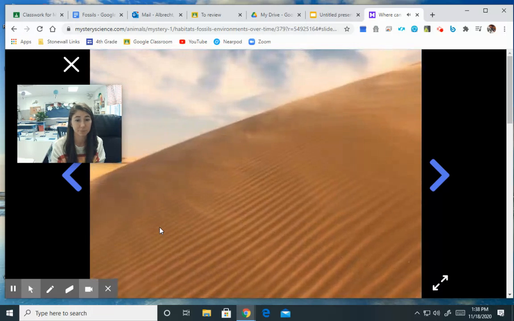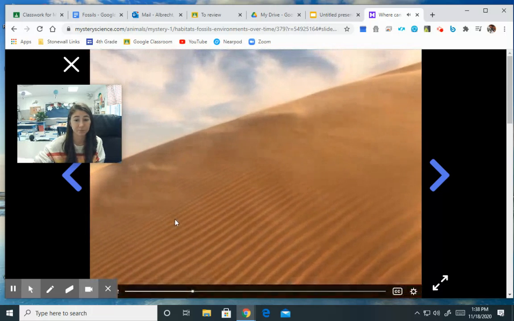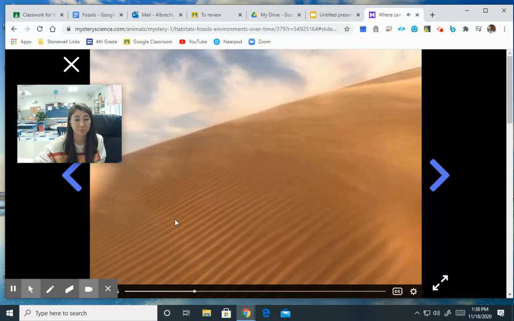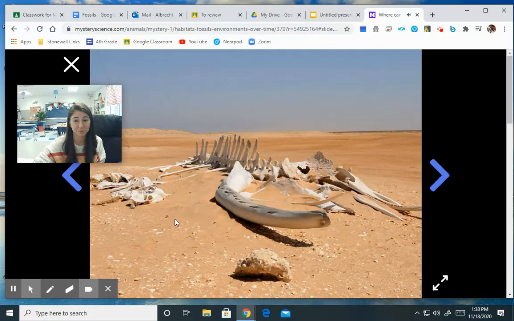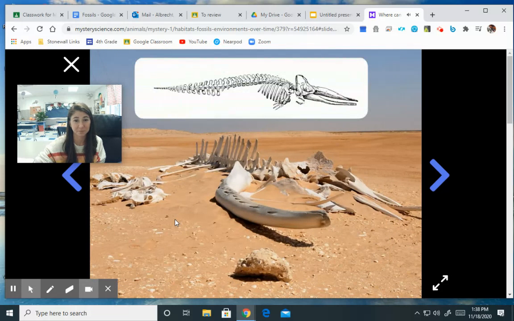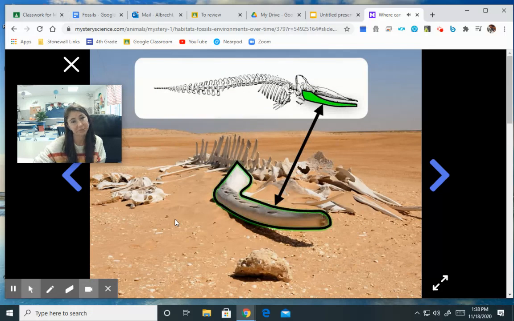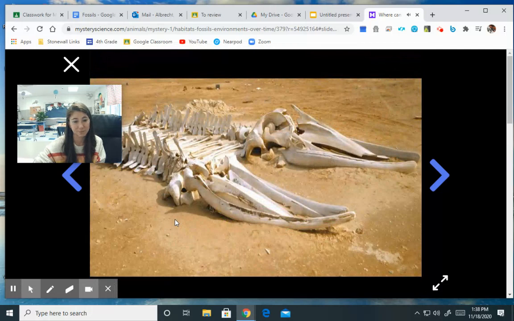But scientists go digging underneath that sand, and when they do, they discover amazing things. Like this, the skeleton of a giant animal. If you can't tell what it is, here's its jawbone. It's a whale. And this isn't the only one they found either. They find lots of them in the Sahara Desert.